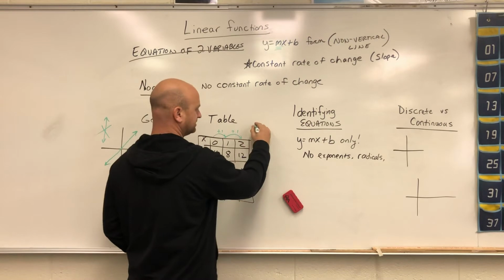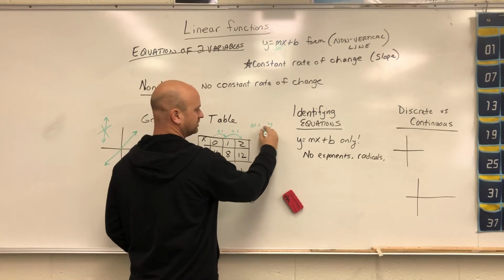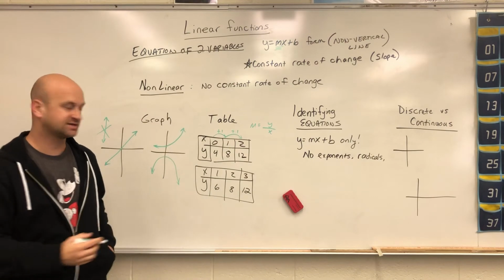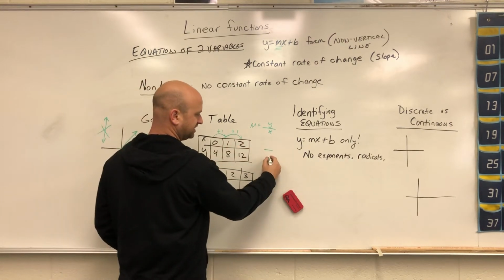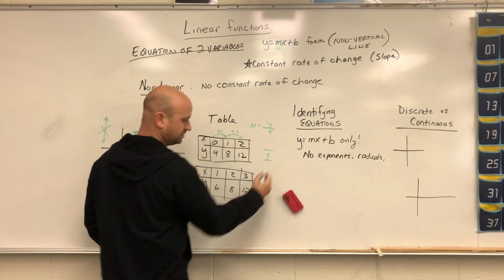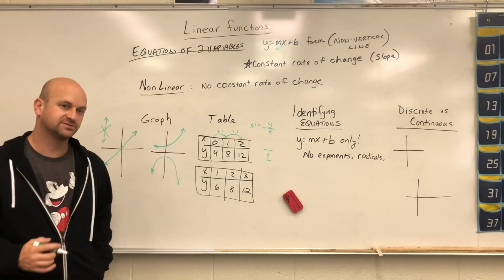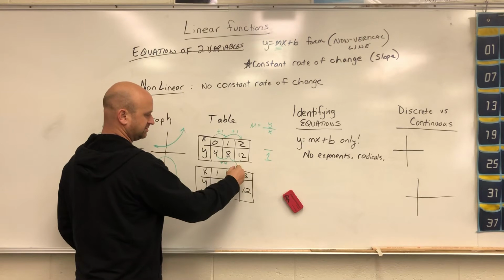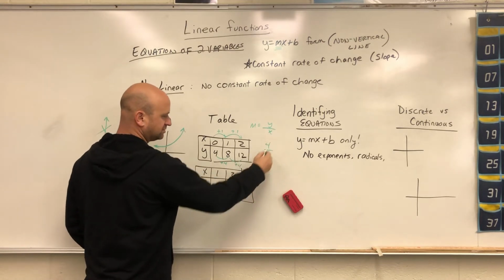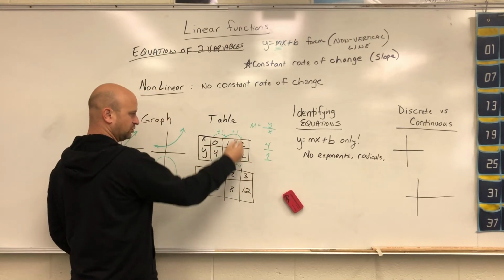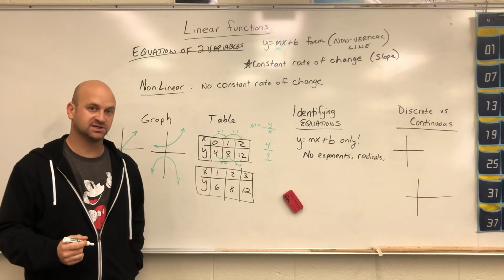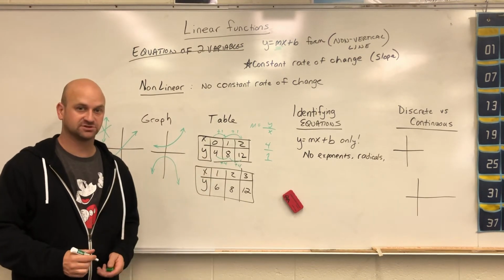Keep in mind that m is the ratio of the change of y over the change of x. In this example, our change of x is 1. Let's see what our change of y is. This would be plus 4, and this would be plus 4. So our slope in this case is 4 over 1, 4 over 1. Since each of those changes is the same, this is a linear function.